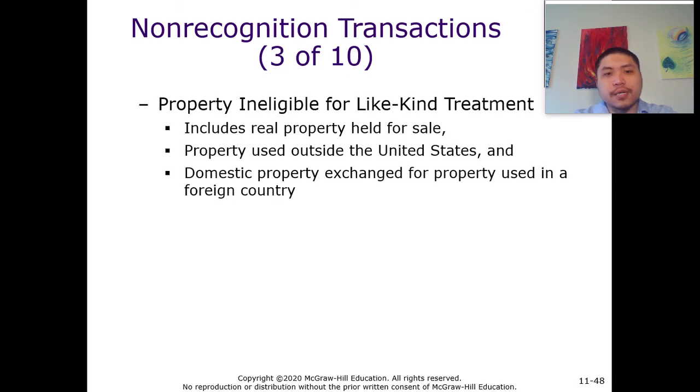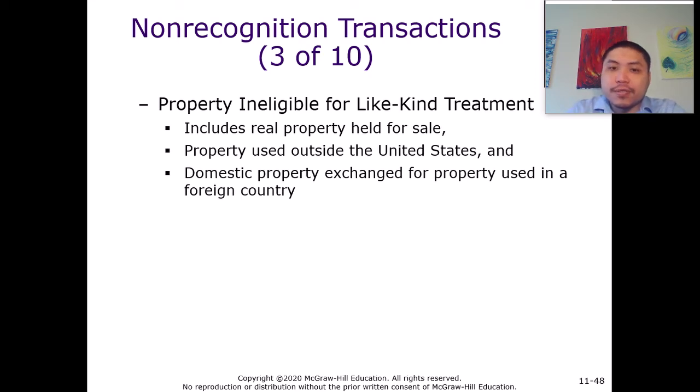So here are some examples of properties that are not eligible for like-kind exchange. Properties held for sale. You can think of them as inventory of some businesses, like a real estate investor, or let's say real estate developers.